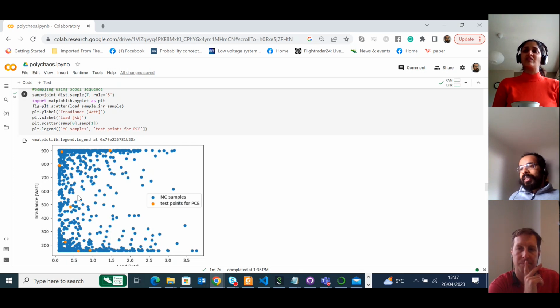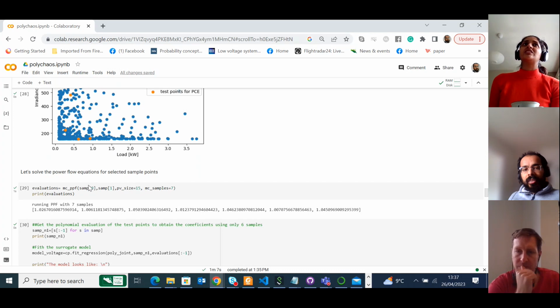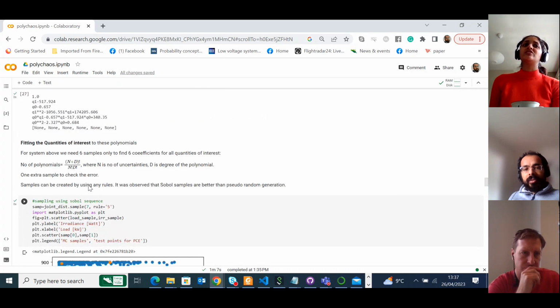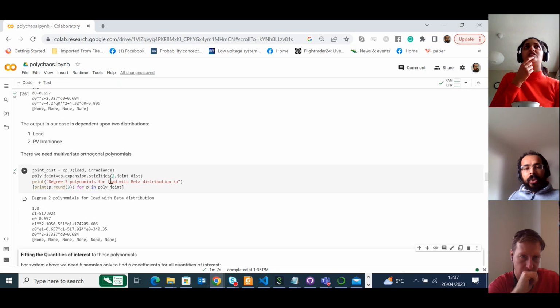Okay. And this formula for finding the number of coefficients which we need, there we have this N and d. N is the number of uncertainties, and d is the degree of the polynomial. By d, do you mean the degree of the polynomial we want for one distribution? Yeah, the degree of the polynomial we give it here.